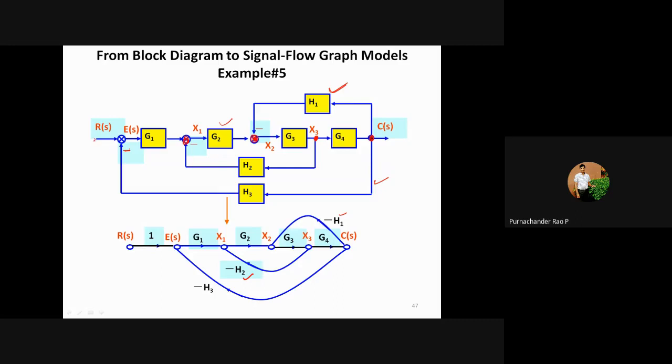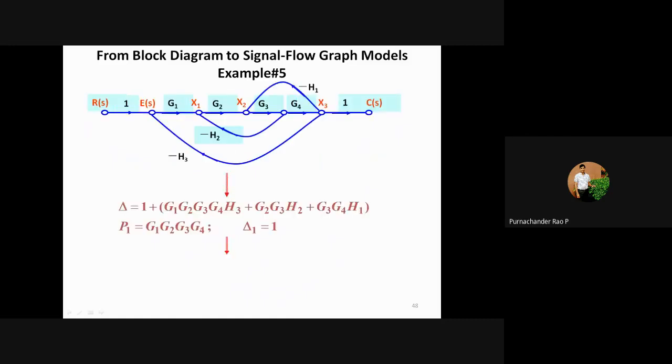So here R of S, E of S, X1, X2, X3, and C of S are the nodes, and your block gains will be represented by the arrows in which direction they are connecting, and that value will be represented on the branch. So this will give you the complete signal flow graph. Once you get the signal flow graph, then you know how to find the transfer function using the signal flow graph approach.